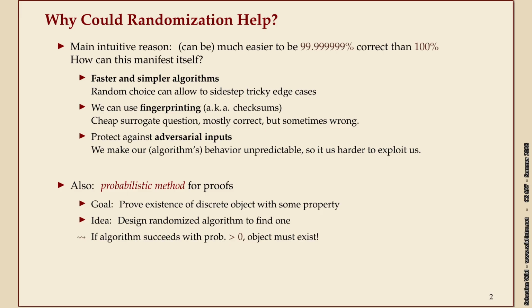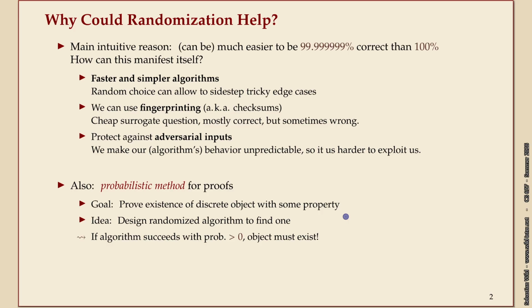There's another use case for randomization, which also uses randomized algorithms, but in a way has an entirely different goal of its own. And that's often called the probabilistic method. And this has virtually nothing to do with solving optimization problems and so on. Rather, you have some obscure object with certain properties where it's not clear whether it should exist.